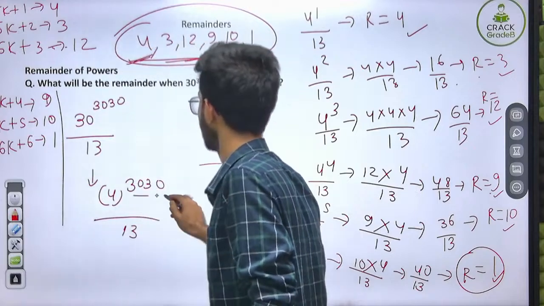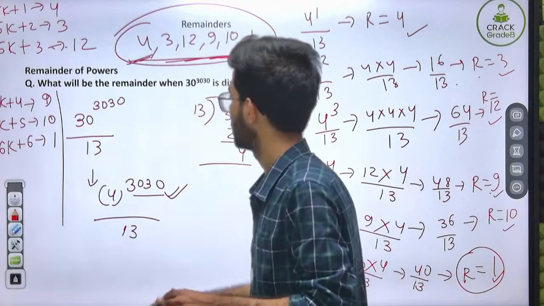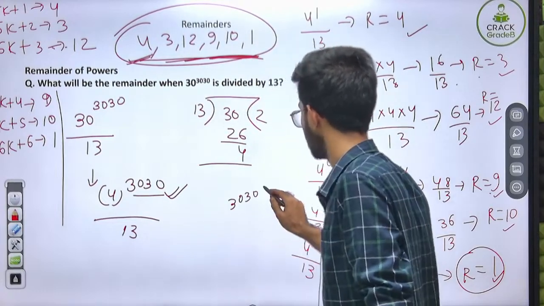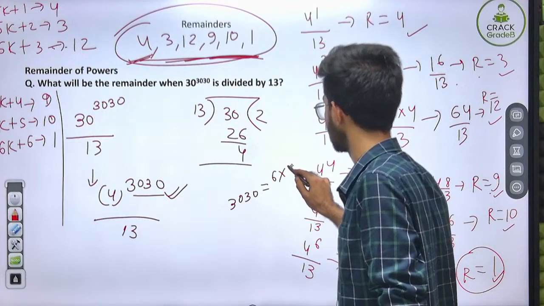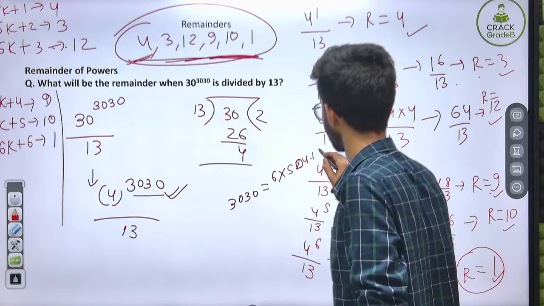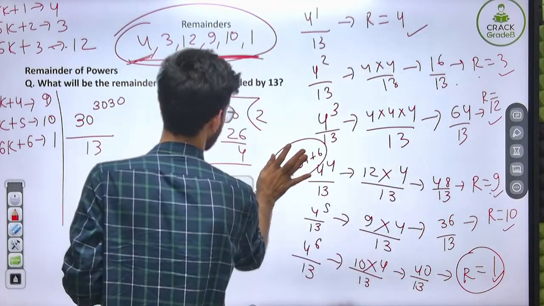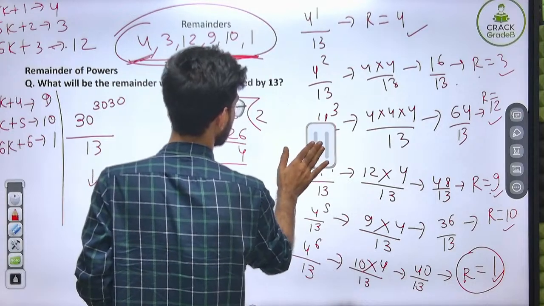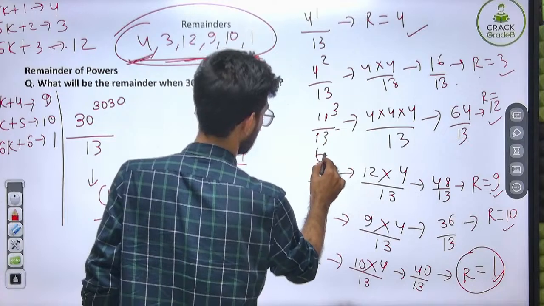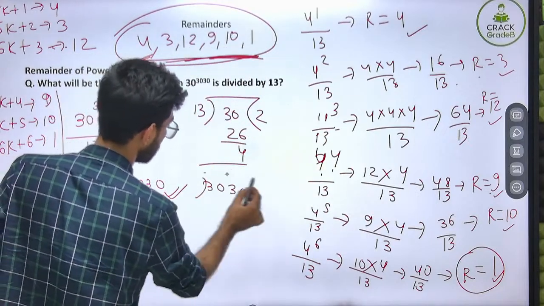So basically we have to write 3030 in that form, right? You can write 3030 as 6 into 504 plus 6. Or you can directly divide 3030 by 6.